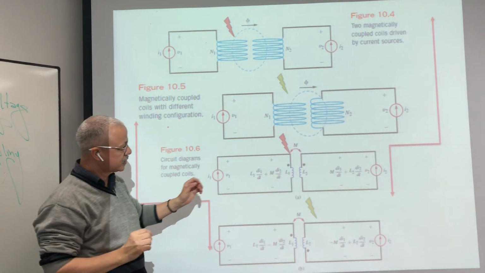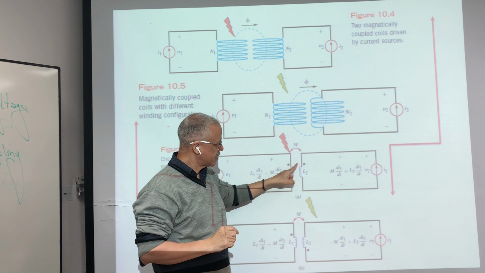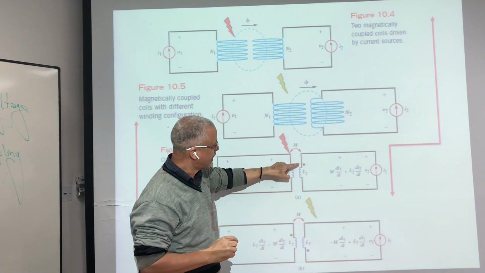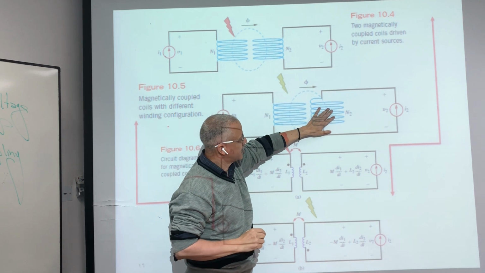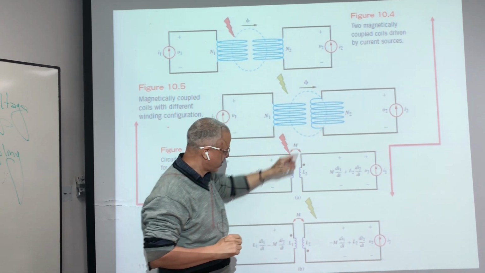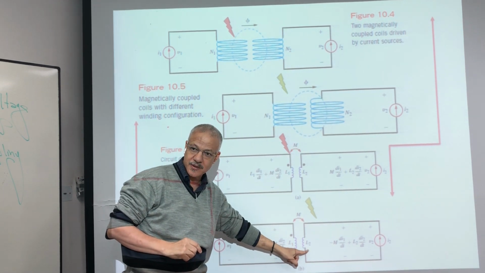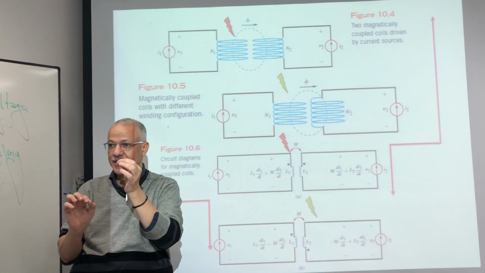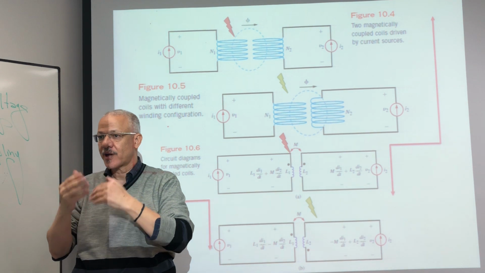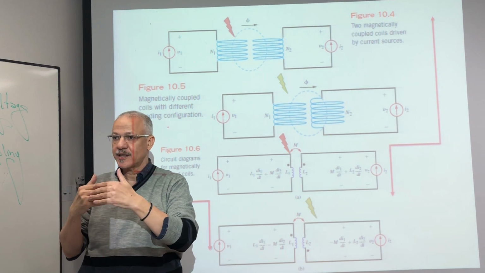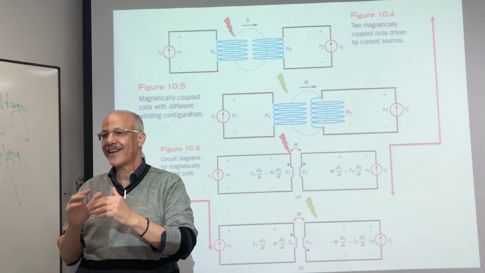I have put two dots. These two dots indicate the configuration is like this one. And if you change the configuration, we can put the dot like this. If you change the dot, what's the case of the flux? The flux will change, and accordingly, the mutual will be negative.